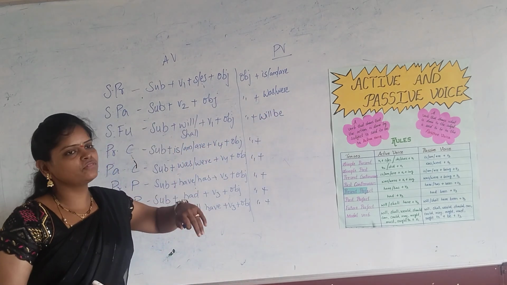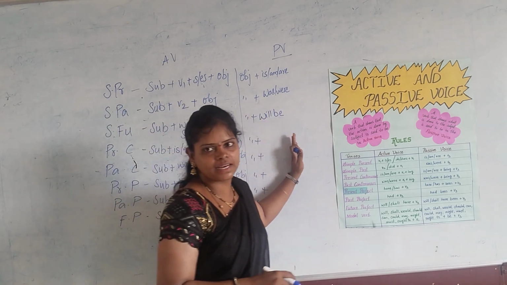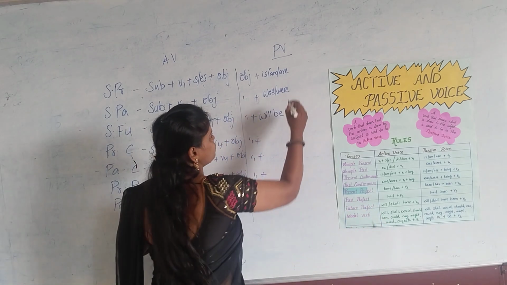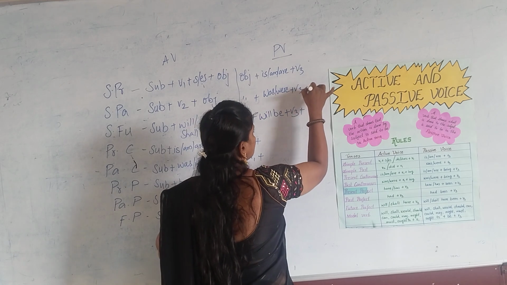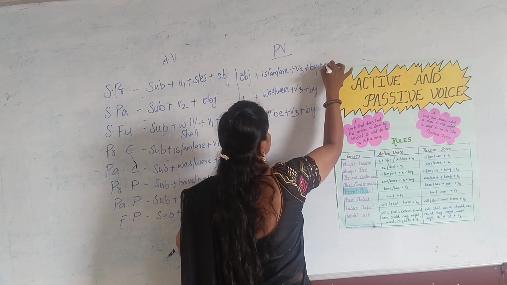And after that we should write the main verb. As I already said, in passive voice the main verb will be only in V3 form. Plus V3. After that we will use by plus subject.